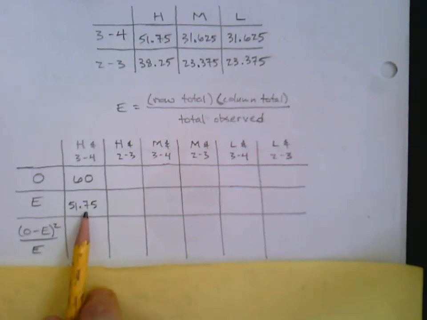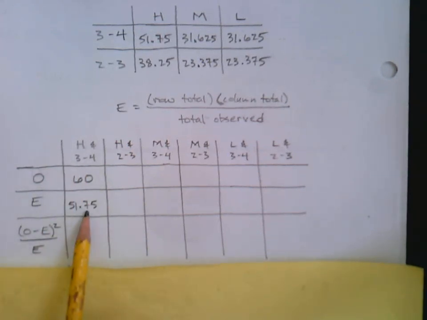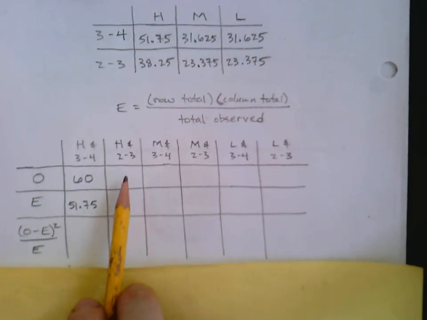But actually, more than that said it. 60 people said it. If these really were independent, then we would expect 51.75, but we got something different. Of course, we assume independence.